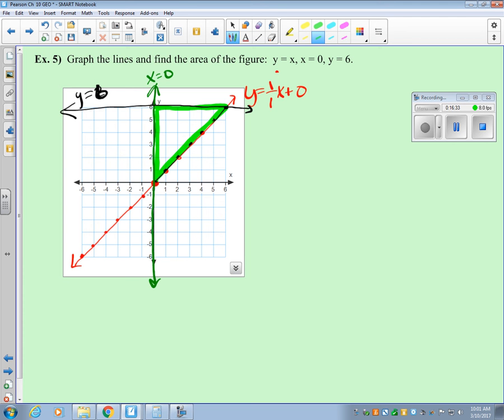I definitely know I can do this without coordinates, but because I know the learning objective, we're going to stick tight to that and look at the coordinates here. If I am writing the vertices, the coordinates of the vertices, one is at 0, 0. This one here is at 0, 6. And then this one here is at 6, 6.